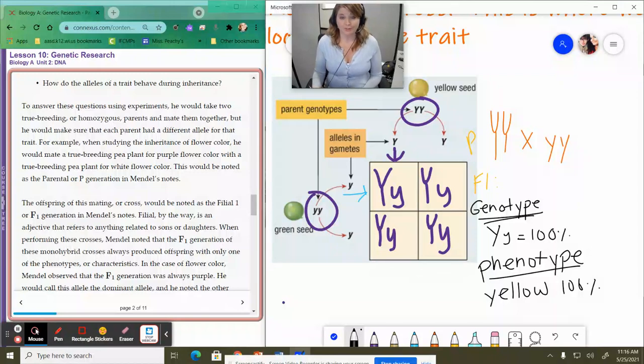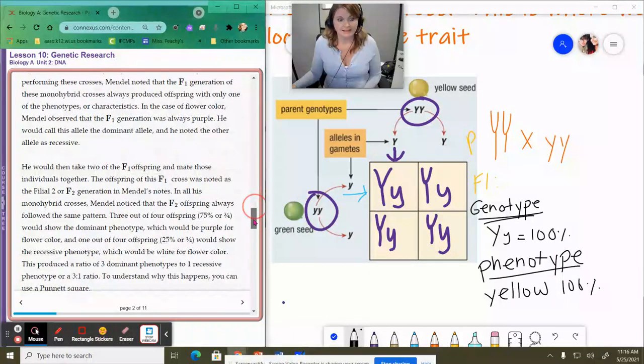So I can look at the percentage of genotype, the percentage of phenotype, and it's not always going to be 100%. This is just because we're doing just a homozygous cross to a homozygous cross. You end up with 100% of everybody in the F1 generation has the same characteristics. Okay, so that's what we call a monohybrid cross.